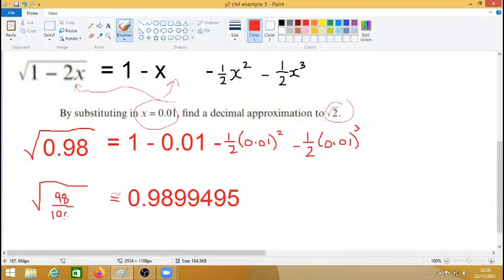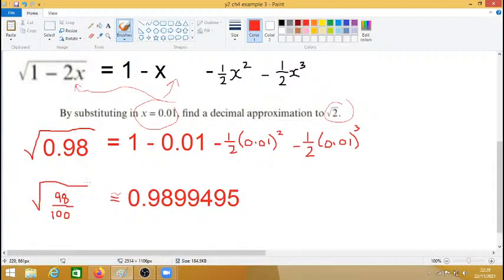And now we can say the 98 is, apart from it being 2 away from 100, now the problem with that is that then you get a minus, and square roots and minus signs underneath don't really go well. So we need to find another way of getting that 2.